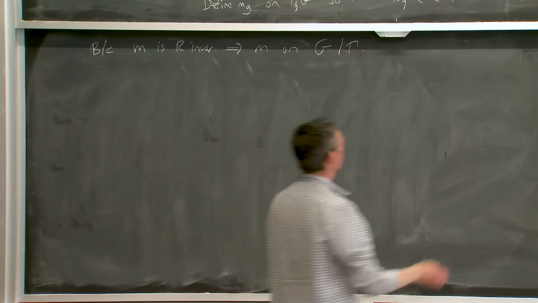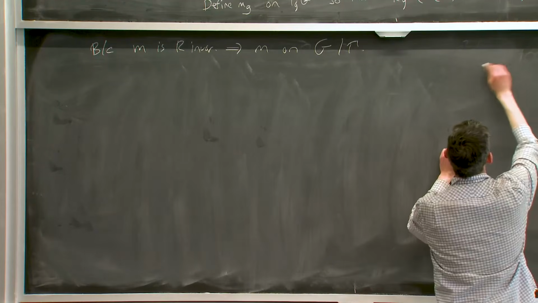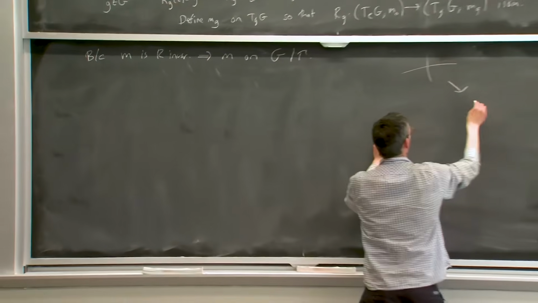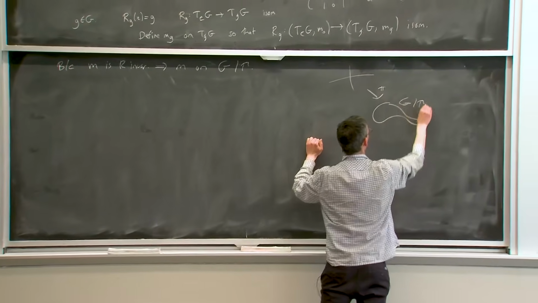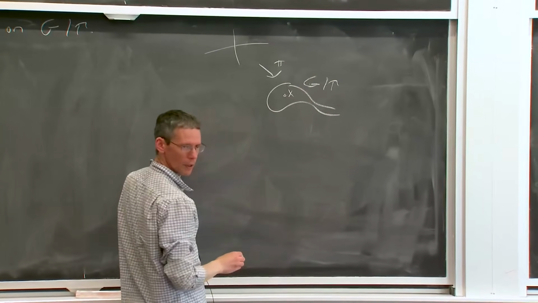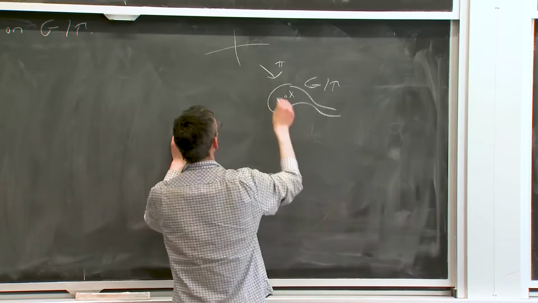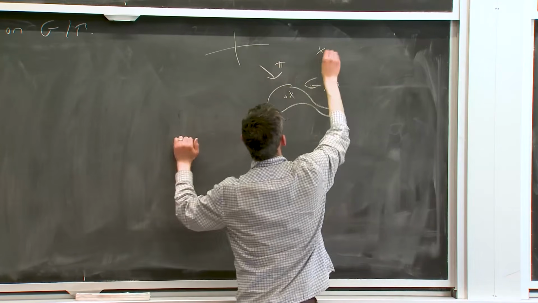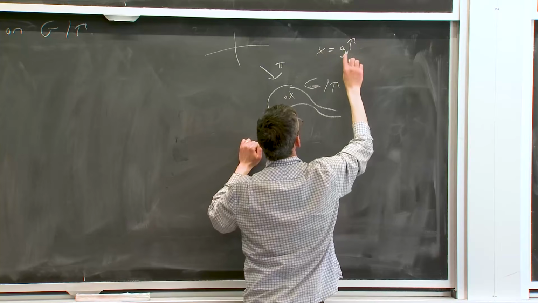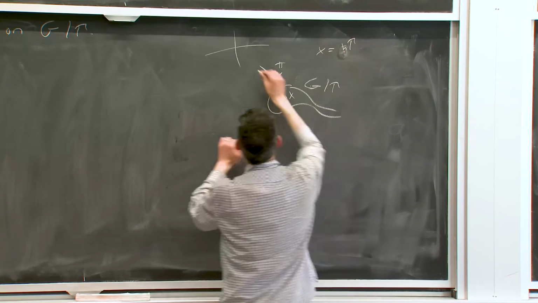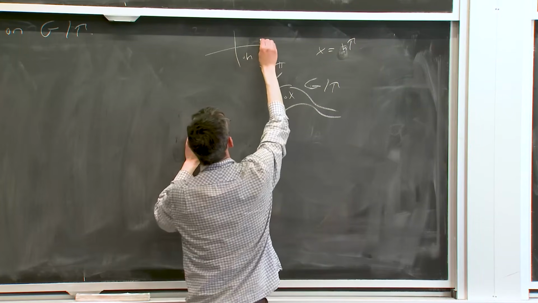So how does that work? We have all of G, and we have a projection map pi to G mod gamma. We have a point x in G mod gamma, and x has many preimages. So x is equal to, say, little g times little h times gamma.